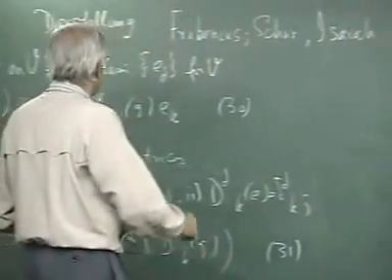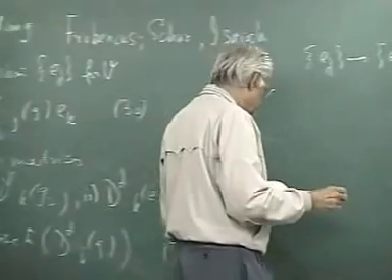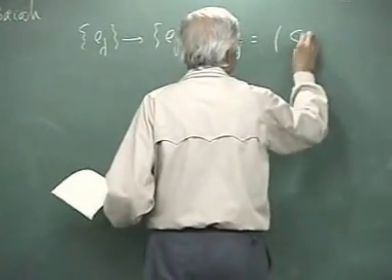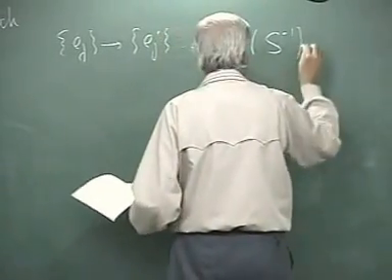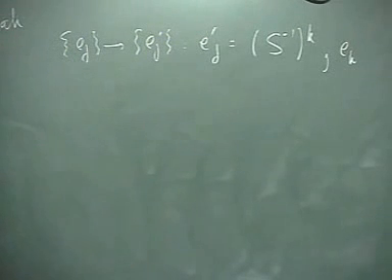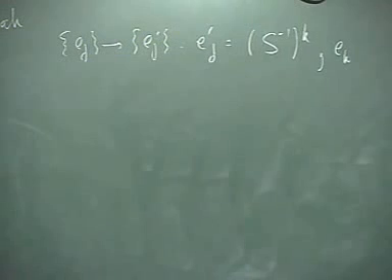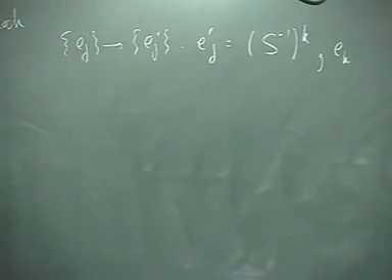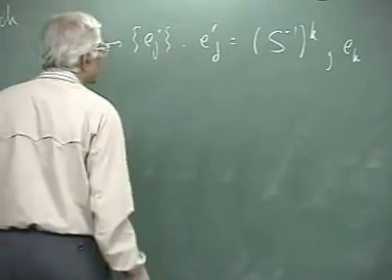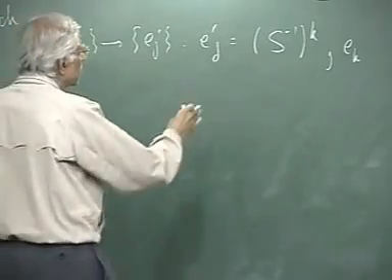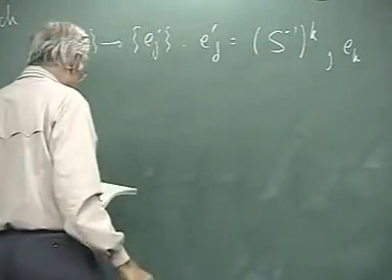Suppose you go from one basis to a primed basis, and for convenience let me write the relationship between the two sets of basis vectors in this way. Every new basis vector is some linear combination of the old basis vectors with some set of coefficients, and that will be a matrix which must be non-singular because you're going from one basis to another. So E can also be expanded in terms of E prime, and then what you will use are the S inverse coefficients.